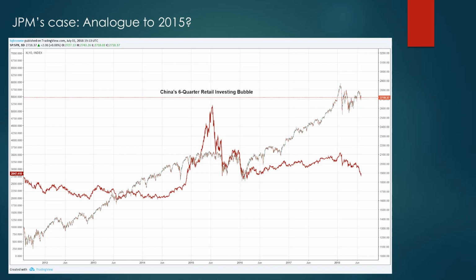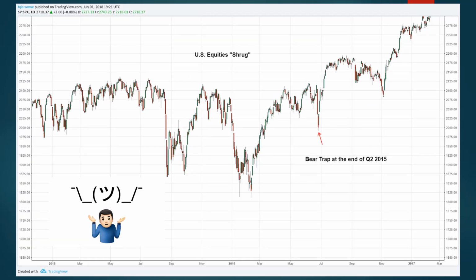Now, if we just focus in on the S&P 500 in 2015, what happened after that crash? Well, during the crash, during the first few months, it was actually a time when the U.S. equities did what a lot of people called the shrug.